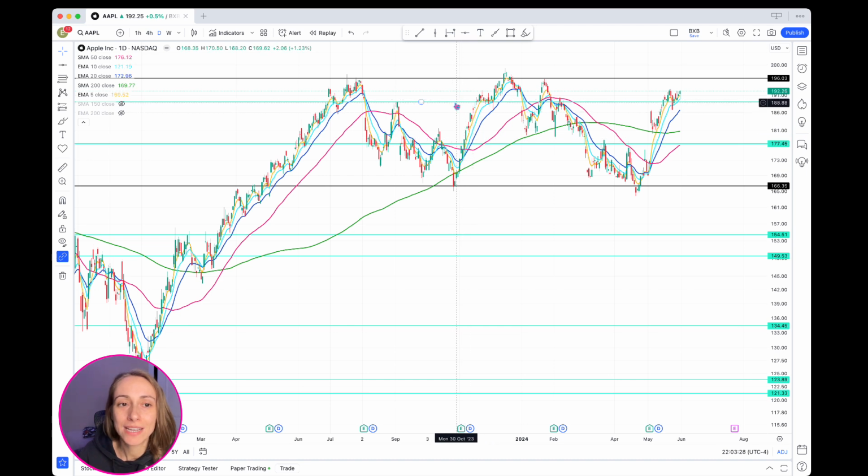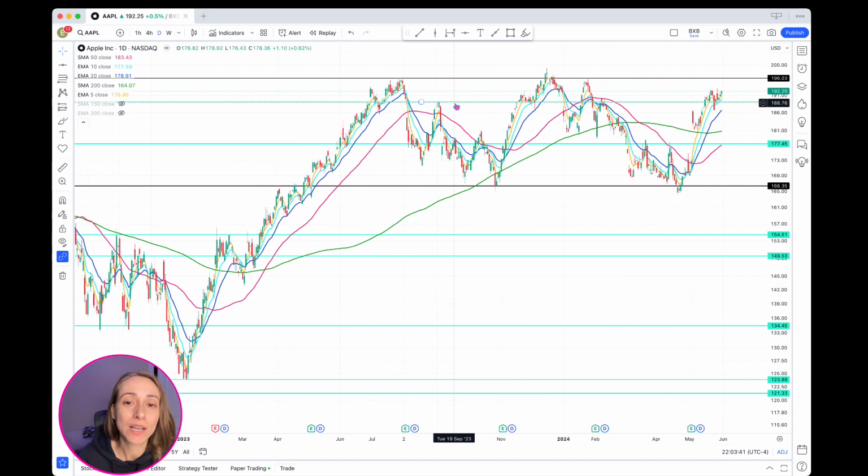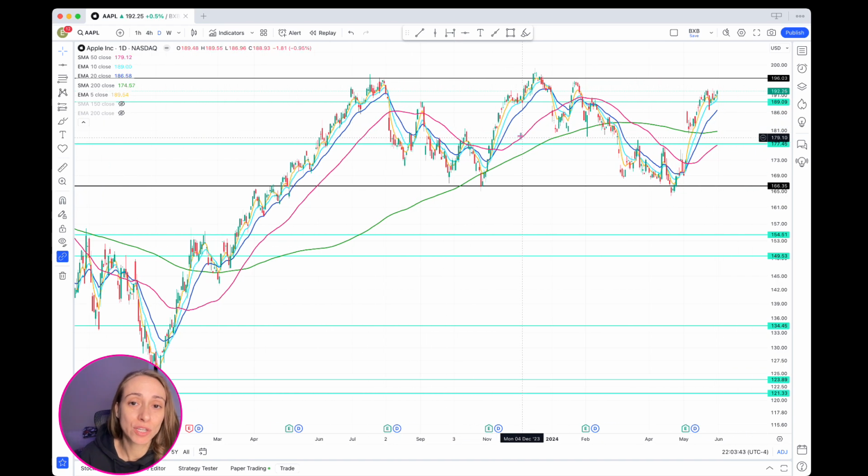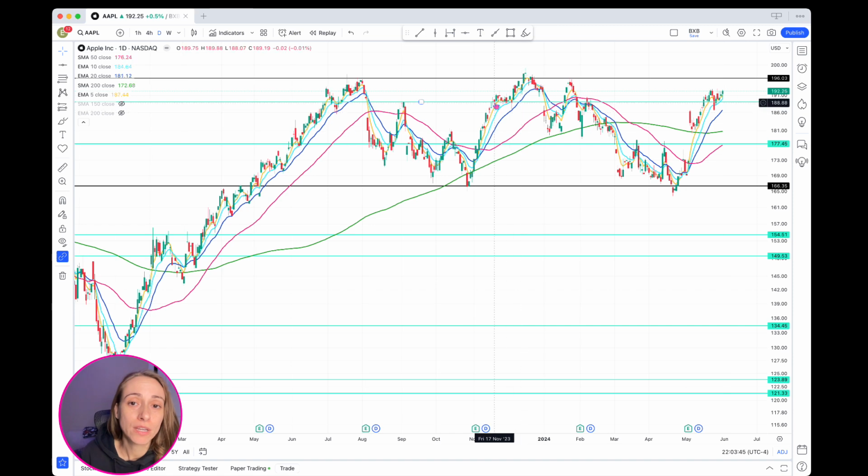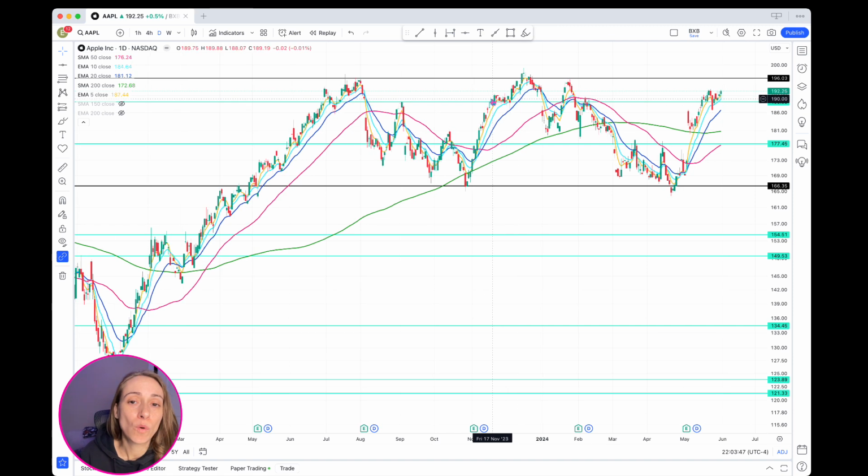Now I see this area of resistance, and I will do one of two things. I will either sell my entire position and just, it is what it is, I got that profit, I'm happy, or I would sell three quarters of my position, a majority of it, and leave one to see if it breaks through this first line, and then if it would break through this second line, which is a pretty significant point of rejection.